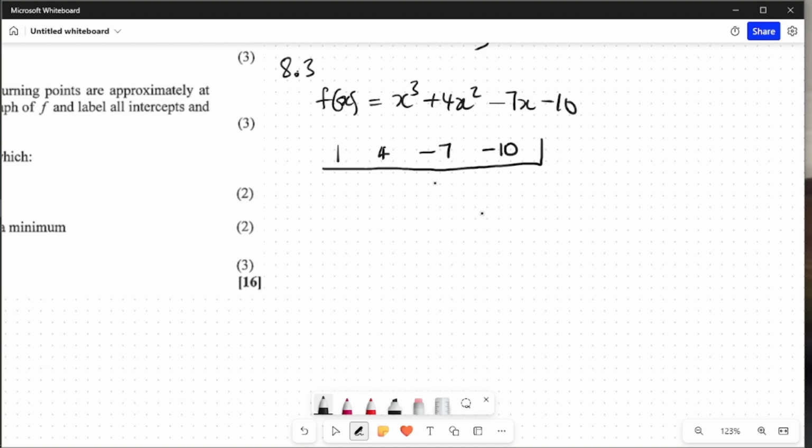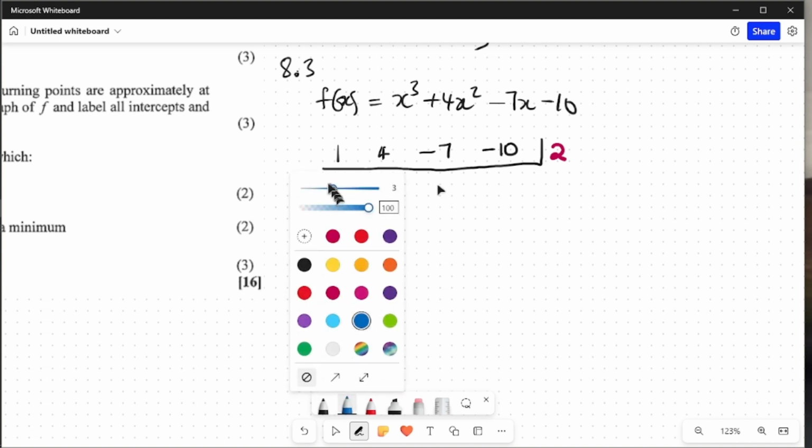Now remember, we said that 2 is the root because it gives you 0 when you substitute it in. Let me change the pen, let's take blue.